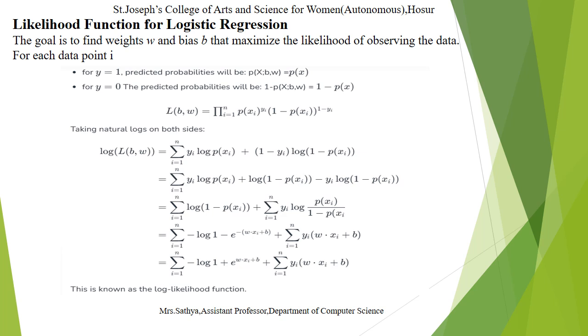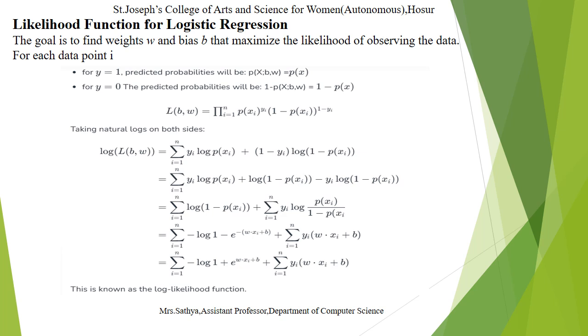For y equal to 1, the predicted probability is p of x given b and w, which is p of x. For y equal to 0, the predicted probability is 1 minus p of x.